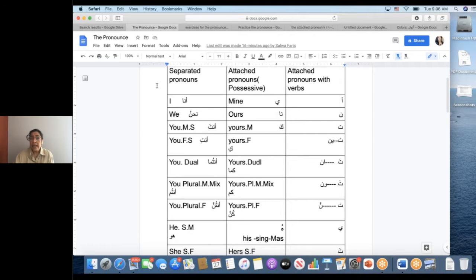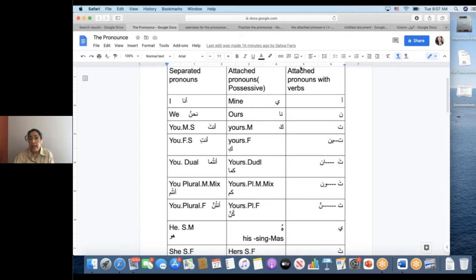So ana, if you want to own something, these things must be nouns. So when I say attached pronoun, keep it in your mind: it is nouns, things, actions that you own. It must be a noun.